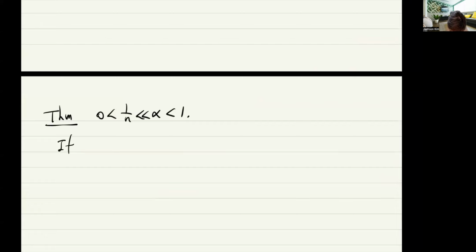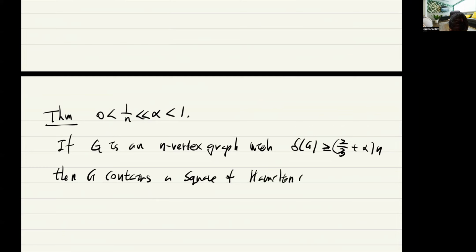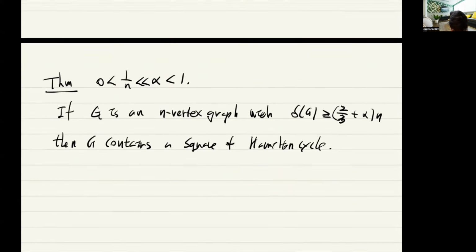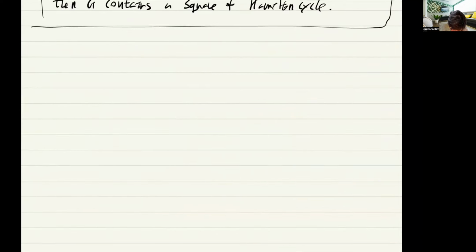So if G is an n vertex graph with the minimum degree at least this, then G contains the square of a Hamilton cycle. So we want to prove this.